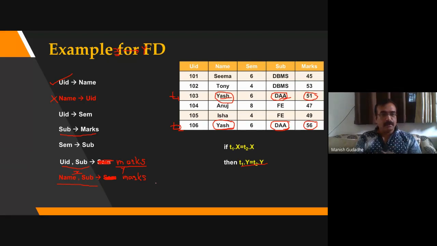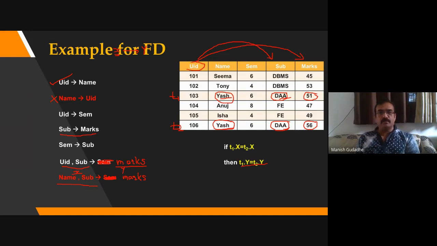Okay. So in this case, UID can determine all the rest of the attributes. UID can determine name, semester, subject, and marks. But if I say that UID alone determines marks, it will be incomplete information.